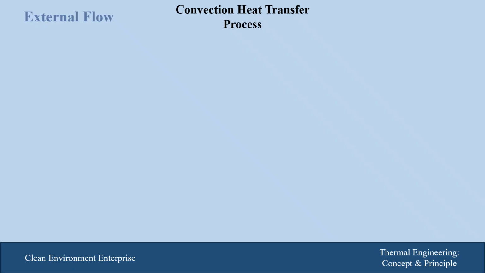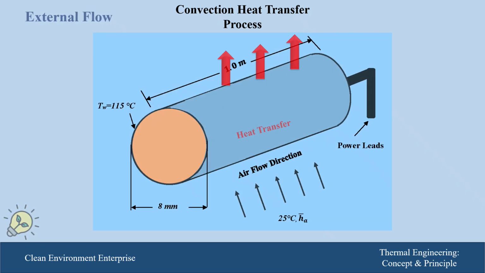Convection heat transfer process. One application of such a process is shown in this figure, where airflow passes over a single tube, which could be an industrial heater, as shown in this figure, and it is heated by transferring energy or heat from the electrical resistance heater to the air, and the flow is perpendicular to the heat exchanger, which is represented by a single tube.